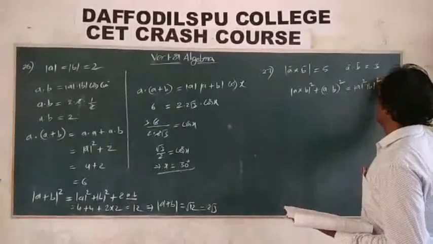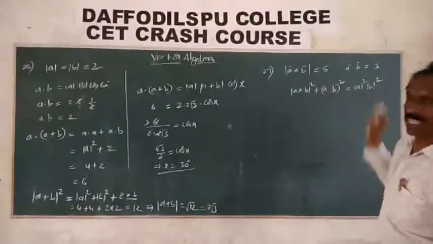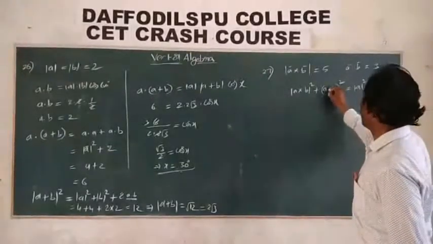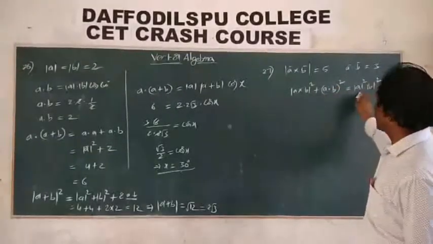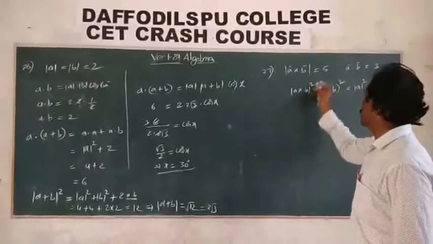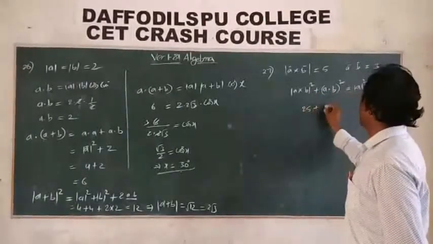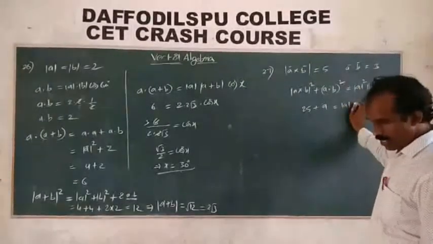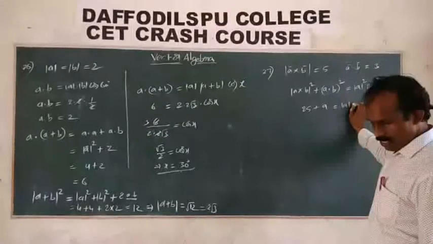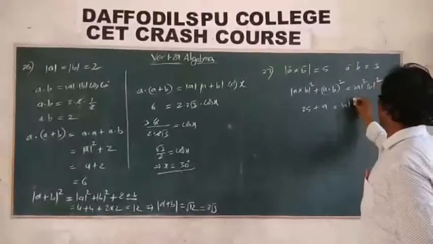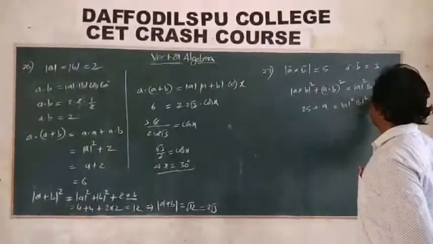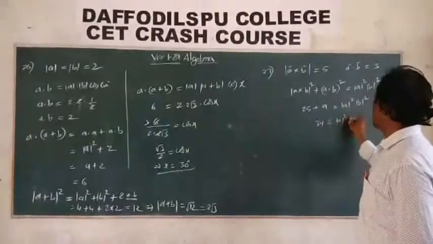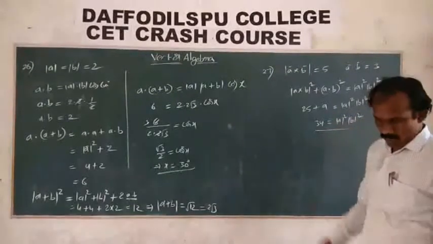If you expand this, you get this answer. They ask for this one, mod A square, mod B square. This one is equal to 25 plus 9, which is equal to mod A square mod B square. 25 plus 9, 34. This is the direct form. So 34 is the answer.